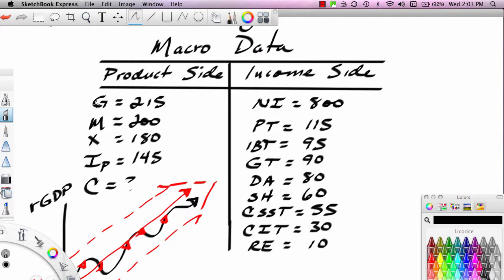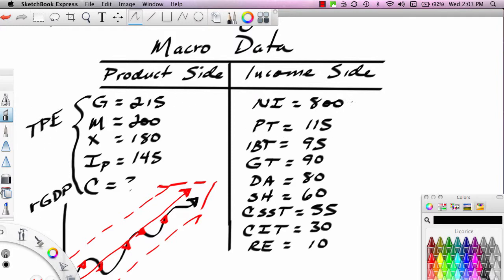So on this left side, we have the 5 components that we need for the TPE, or total planned expenditure, calculation. These are organized to calculate TPE.